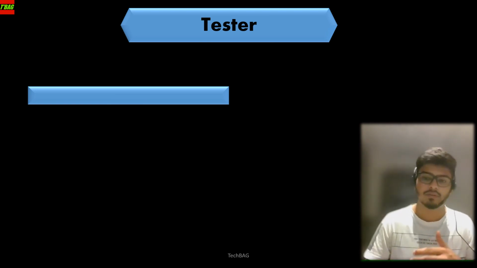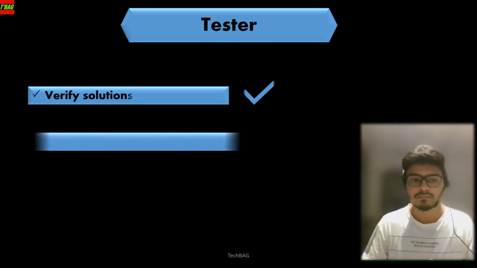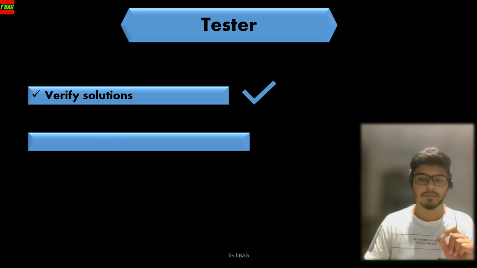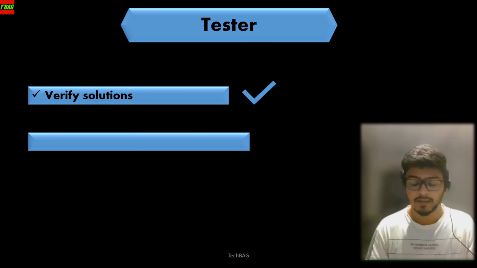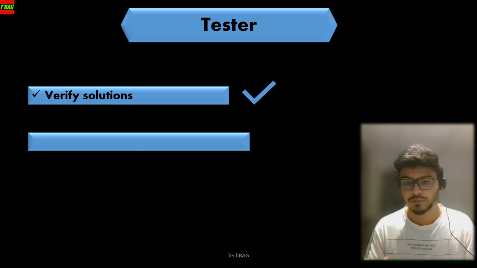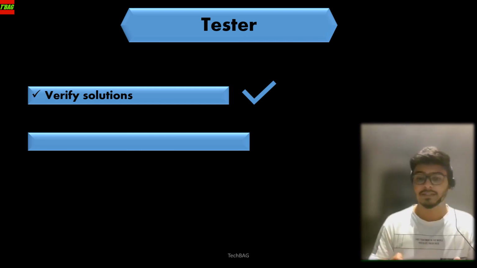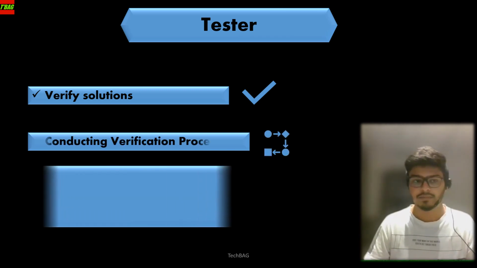test engineers, or the QA, we can say. The main role is to verify the solutions, to validate all the solutions. Solutions, in a sense, the products. They use the solutions as an end user and try to identify all the checkpoints which the end user needs, all the business needs, and what are the things that are to be functioning, which are verified by a tester.